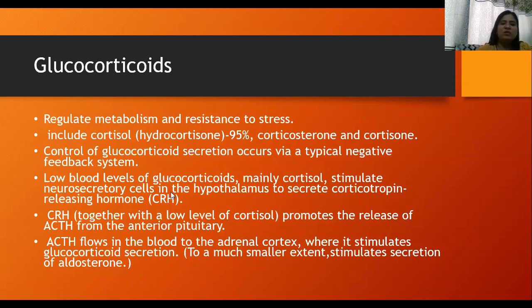Low blood levels of glucocorticoids, mainly cortisol, stimulate neurosecretory cells in the hypothalamus to secrete corticotrophin releasing hormone, right? And the corticotrophin releasing hormone will promote the release of ACTH from the anterior pituitary. We have done all this in the previous classes, right? The ACTH will flow in the blood to the adrenal cortex where it stimulates glucocorticoid secretion.